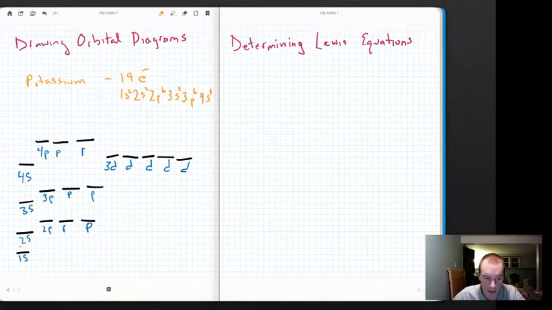So we need to remember our electron configuration rules, and we're going to start with the lowest energy and work our way up to the highest energy. We need to place one electron in each orbital at a time, and then after we have filled up that particular orbital at that sublevel, we can move up to the next one, and so on. So we're going to start by putting an up arrow and a down arrow.